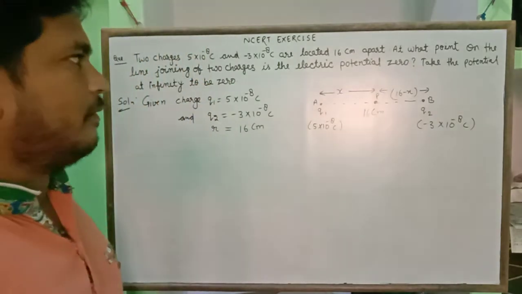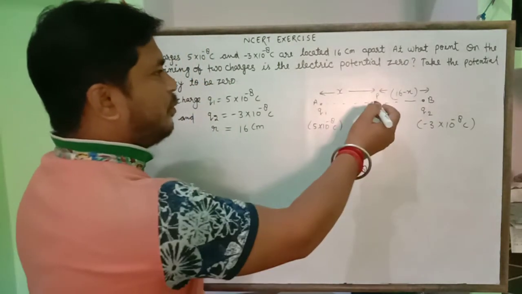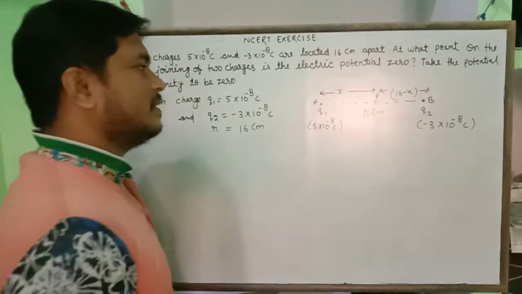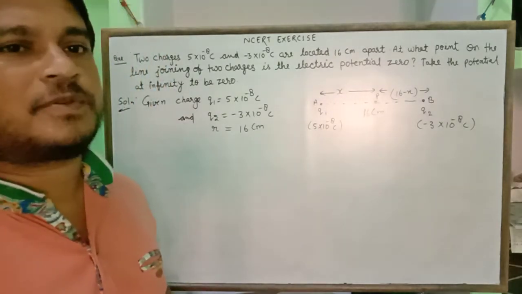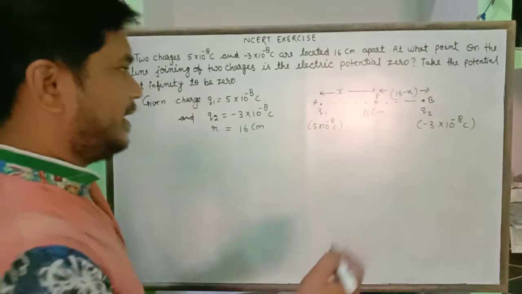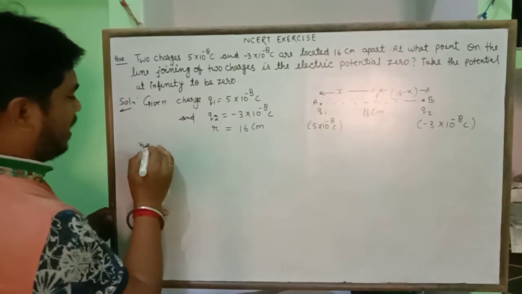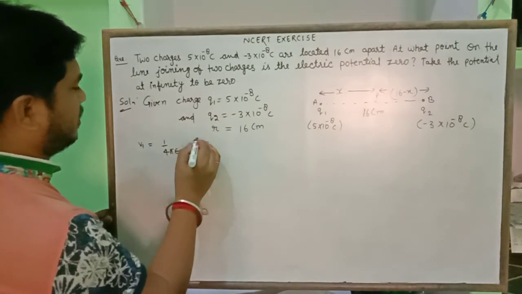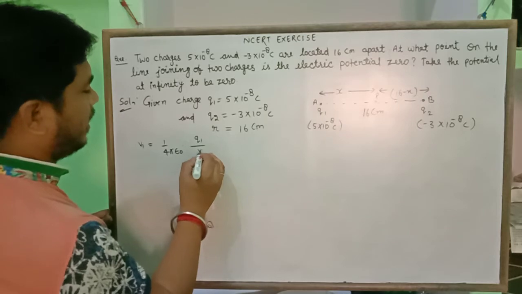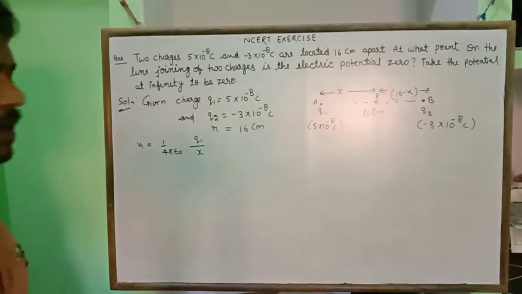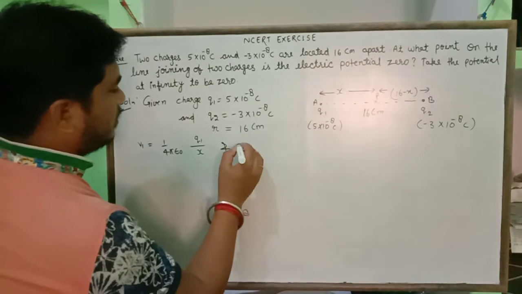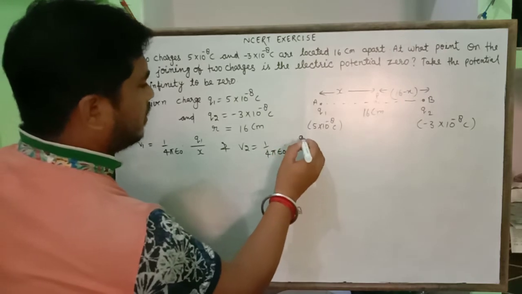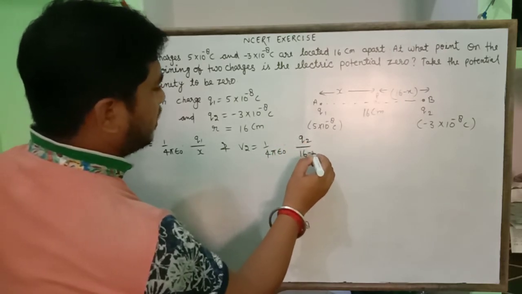So we know that the potential at point due to the single charge is V is equal to 1 upon 4 pi epsilon q upon r. That's why the V1 at point P is 1 upon 4 pi epsilon naught q1 upon x, and V2 is 1 upon 4 pi epsilon naught q2 upon 16 minus x.